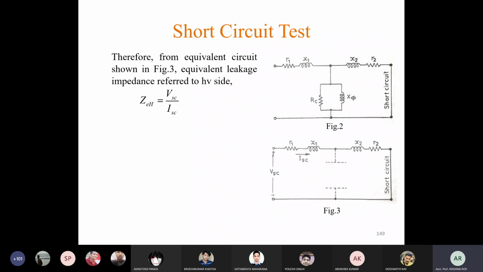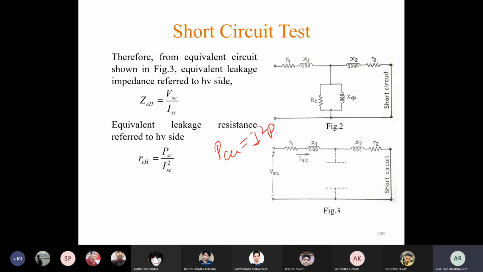Then using the copper loss and ISC, we can calculate the equivalent resistance. REH is equal to PSC by ISC square, because PCU is basically I square R loss.